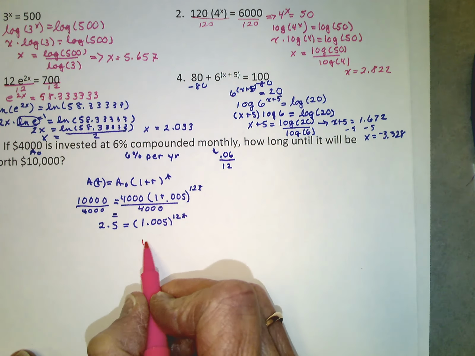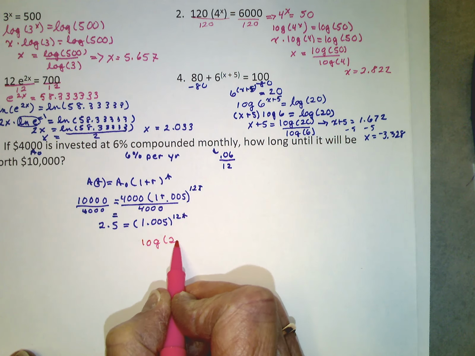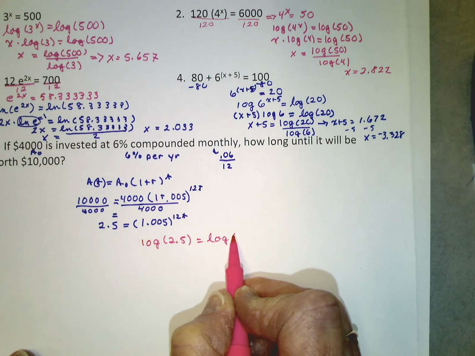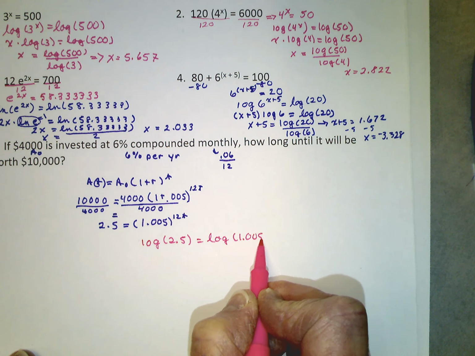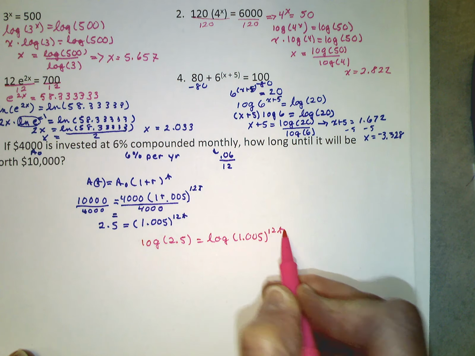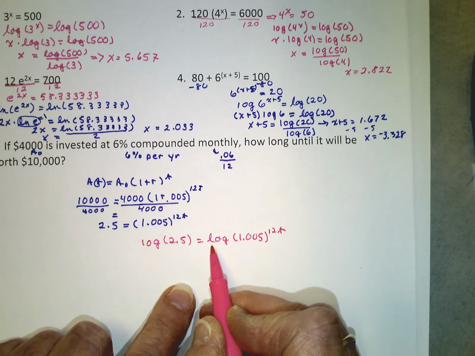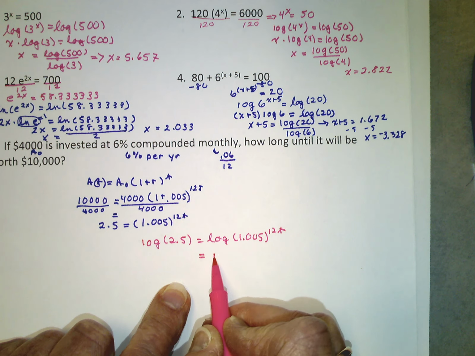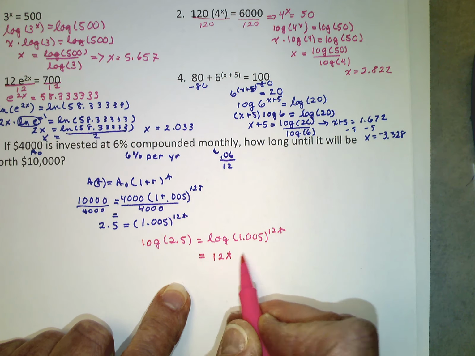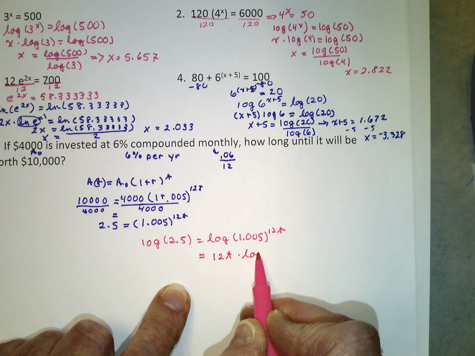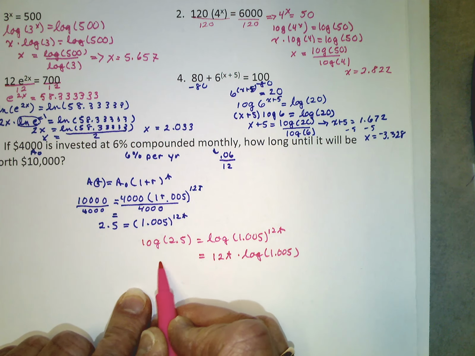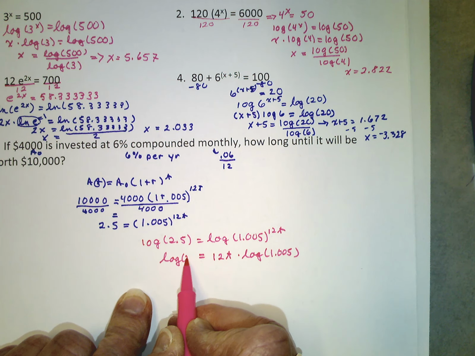We take the log or the ln of both sides. And then rewrite the side with the exponent. Make this 12t times the log of 1.005.